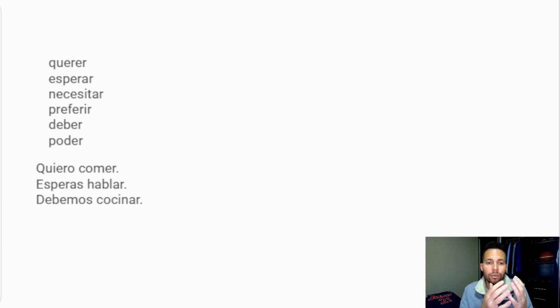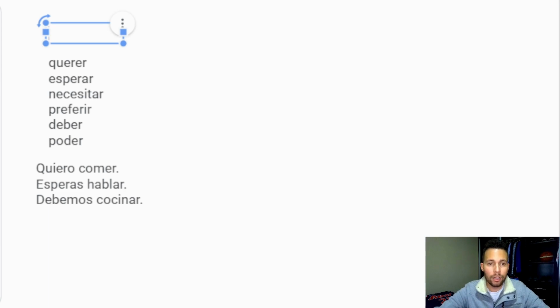And with these verbs that normally have an infinitive verb attached to them, we have that rule: first verb conjugated, second verb infinitive, and there's nothing in between. There's quiero, then there's comer. There's esperas and hablar, debemos and cocinar. There's nothing in between the two verbs, the two grammatical components.